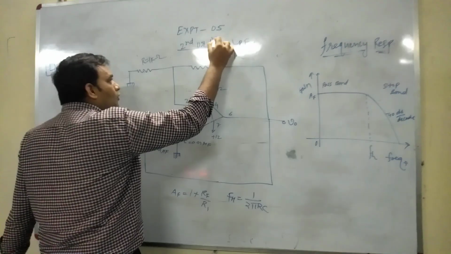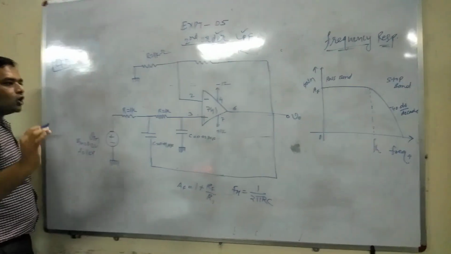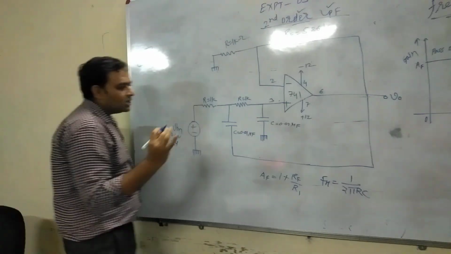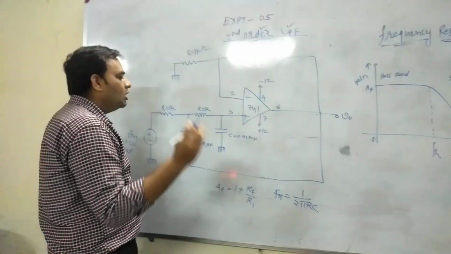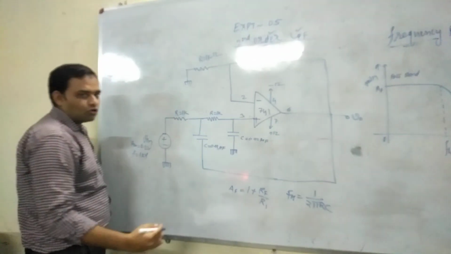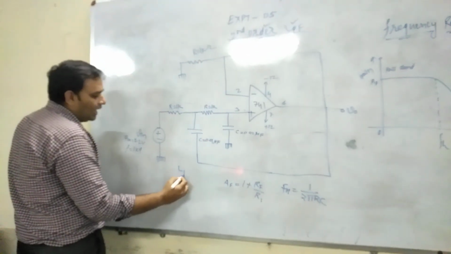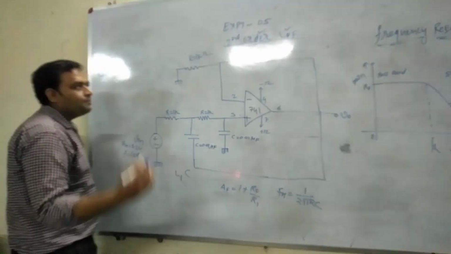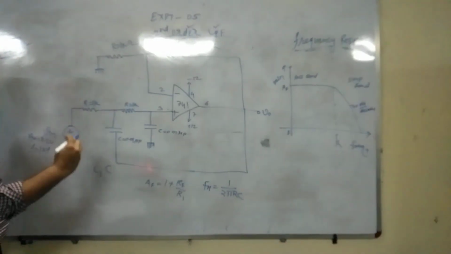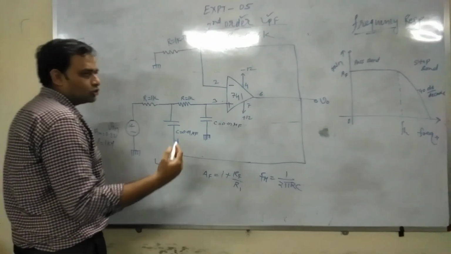The order of filter depends on memory element. We already studied that there are different types of memory element like inductor and capacitor. Here in low pass filter, we generally use capacitor for implementation of filter.